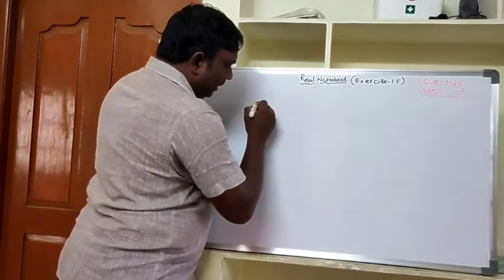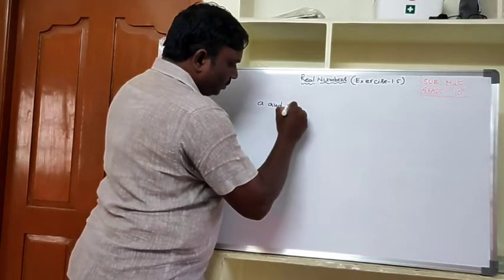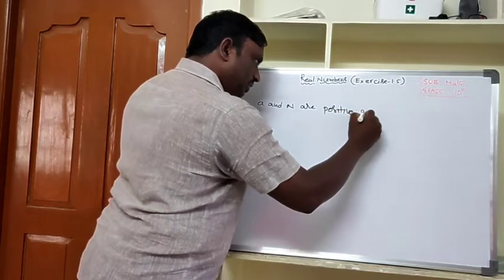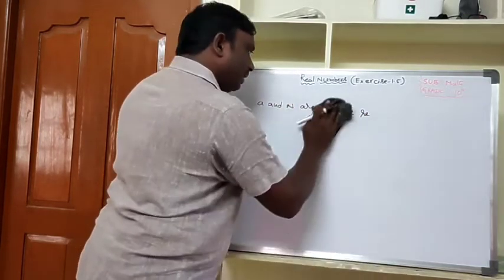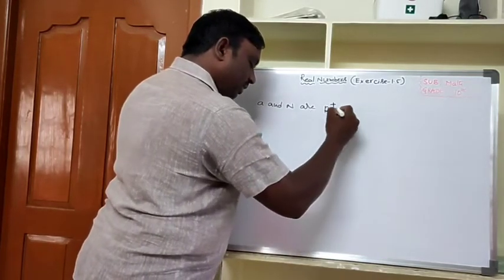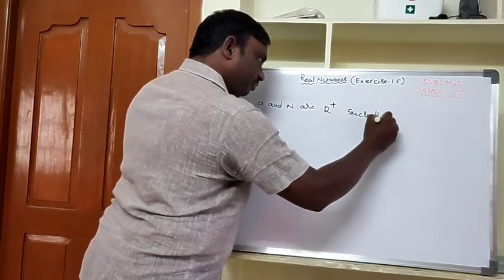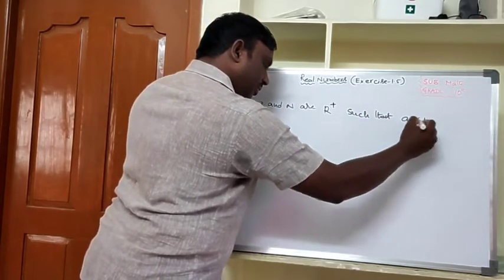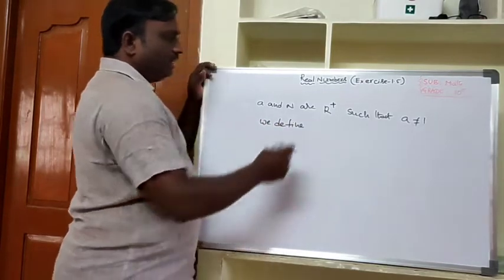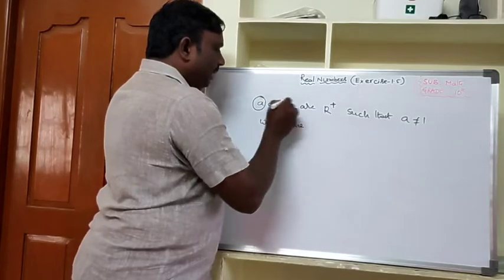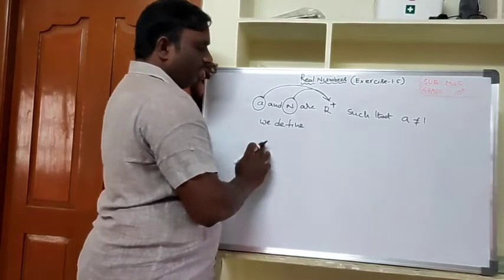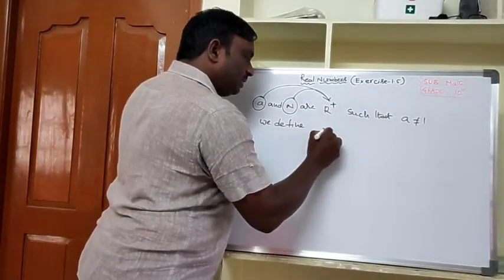So A and N are positive real numbers. I can write here, instead of positive real numbers, R plus, such that A is not equal to 1, and we define A power x equal to n.